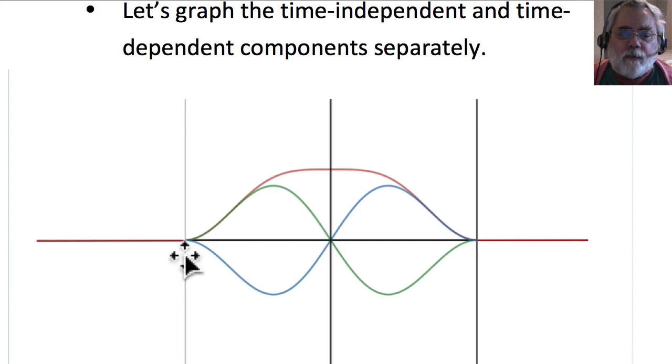Notice how they agree as we get close to the walls, which means if you add the two, it doubles. But if you subtract red minus green or red plus blue, it gets to be very close to zero. Not exactly zero, but very close to zero. So the red, we alternately add the green curve to the red and then add nothing, and then add the blue curve to the red and then add nothing. That's how the time dependence works.